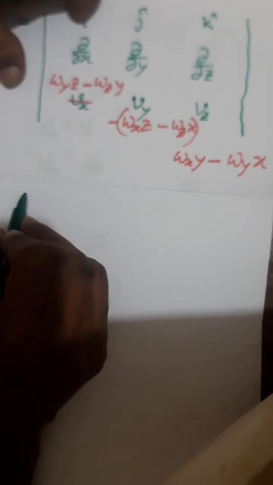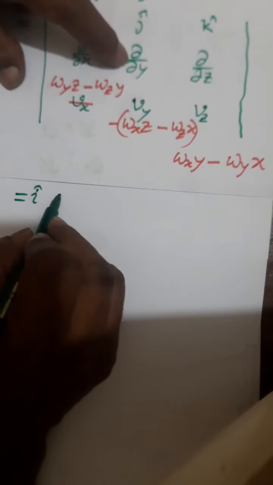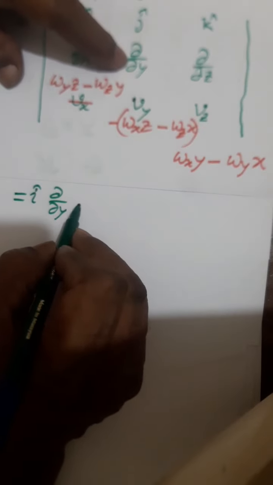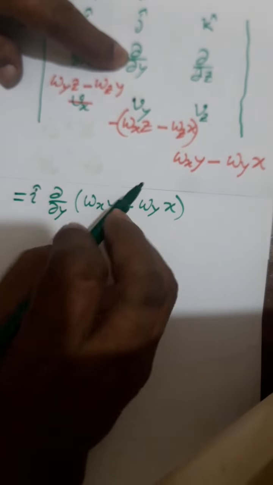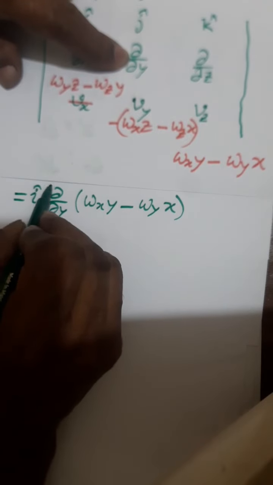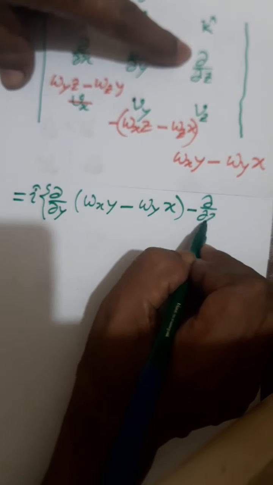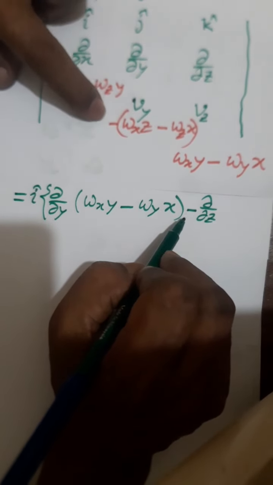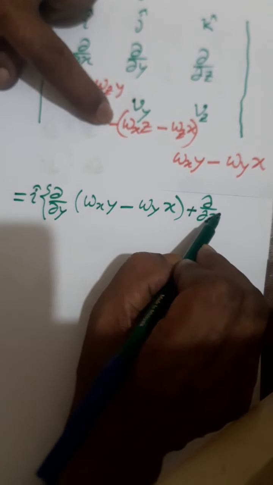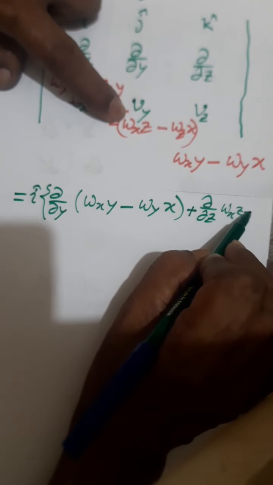Which is equal to i into [del by del y (omega x y minus omega y x) minus del by del z (minus omega x z plus omega z x)].